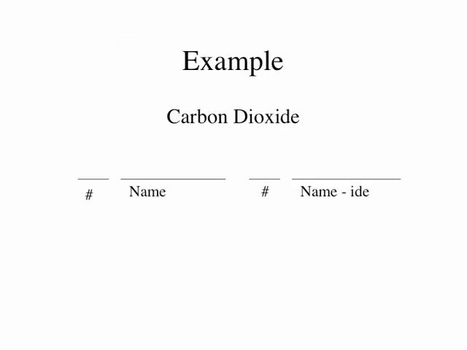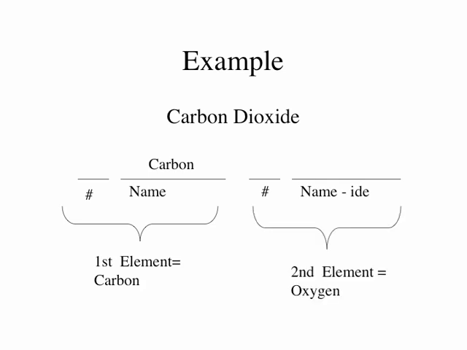So here's an example. Carbon dioxide is a covalent compound. The first element is carbon. There's just one carbon, so we don't need a prefix on this first element. So we simply put carbon in the space here. The second element is oxygen, and we have two oxygen atoms in this molecule.